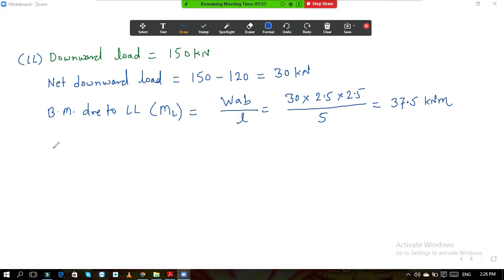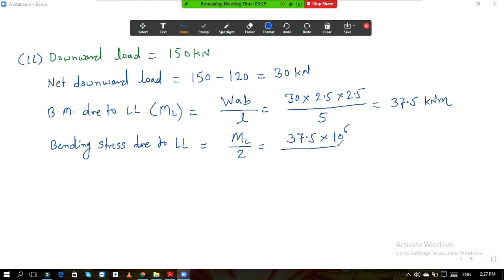Now, after the bending moment, I will directly calculate the bending stress due to live load, which is equal to M_L divided by Z. That is 37.5 into 10 raised to 6, which is the value of M_L, divided by Z, which is 24 into 10 raised to 6.